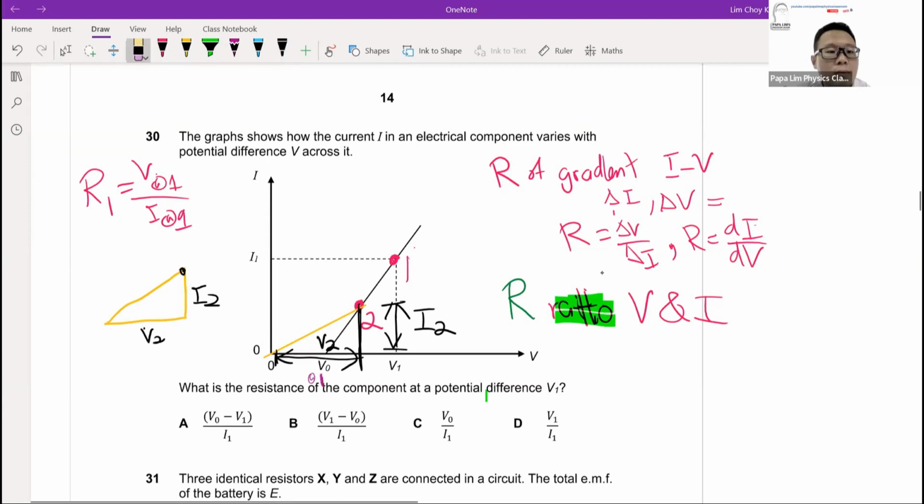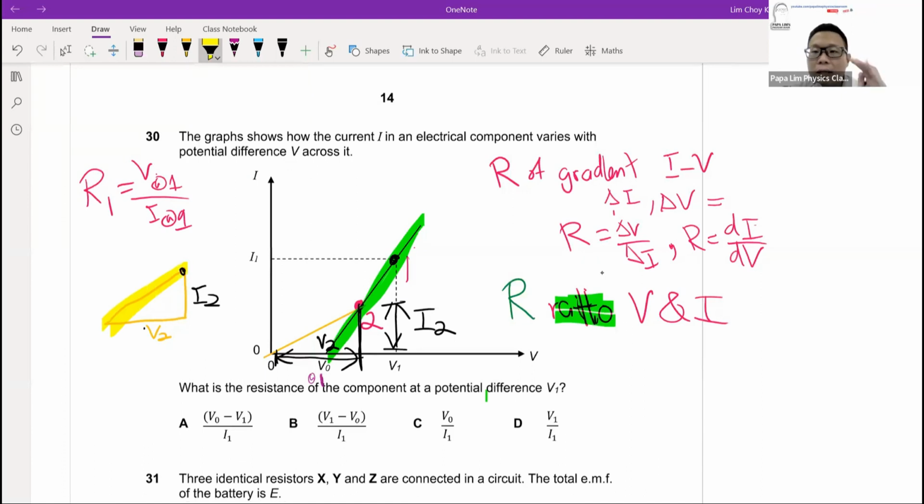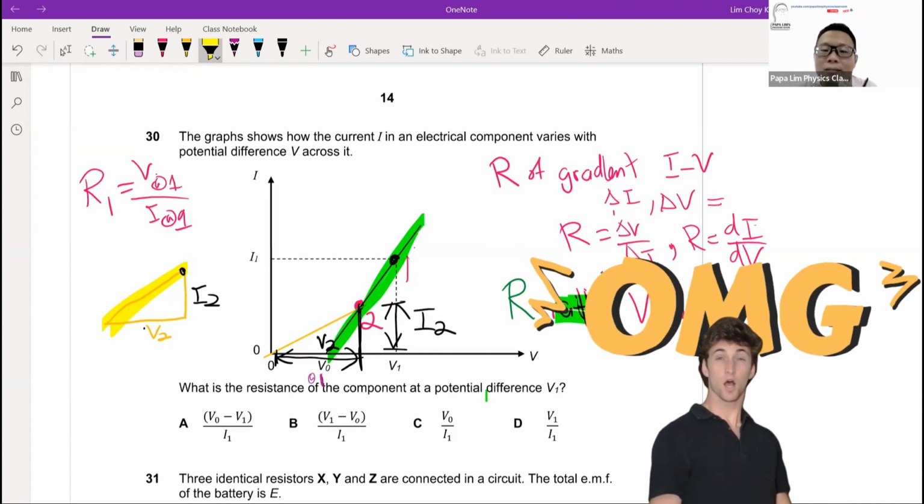In other words, it is not the gradient of the physical line on this IV graph. It's actually the gradient of this line that gives you the resistance of that particular point, at that particular instance.